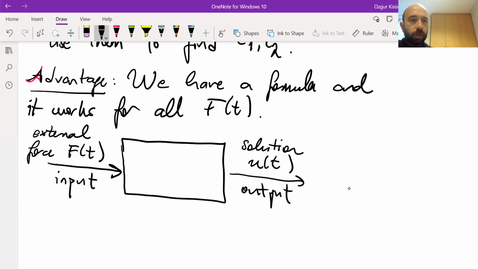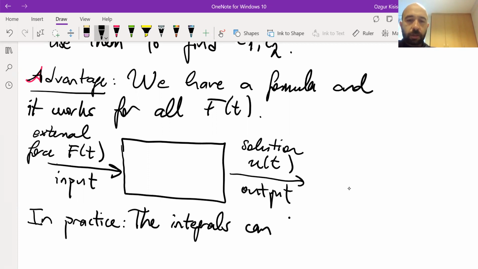And one more comment about this. The integrals may be difficult when you try to do them by hand, but in practice, in actual situations, these integrals can be evaluated numerically. And there are quite fast ways to do that. Your computer usually does them for you.